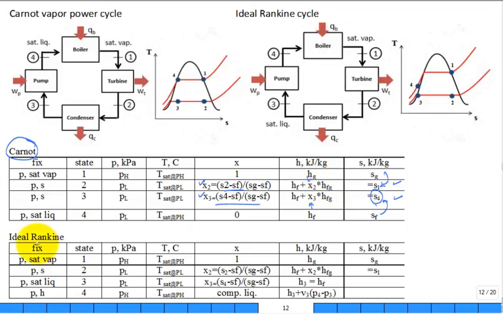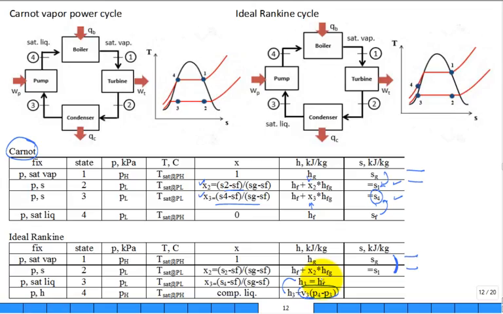For the ideal Rankine, these two states look a lot alike, these two up here. But what's different is typically you analyze the pump. You've got that v dP term for the pump, and you move from saturated liquid up, adding that much to get h4. h3 is the saturated liquid enthalpy, and then add v dP to get the compressed liquid enthalpy at state 4.